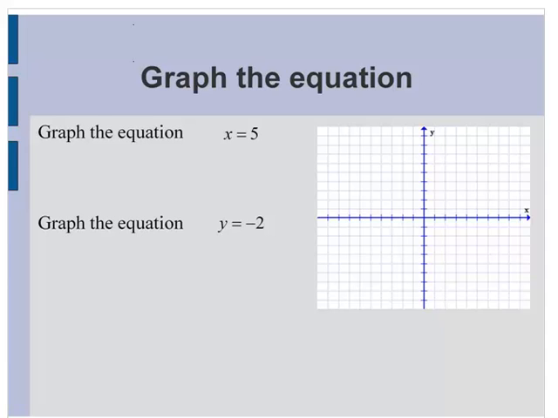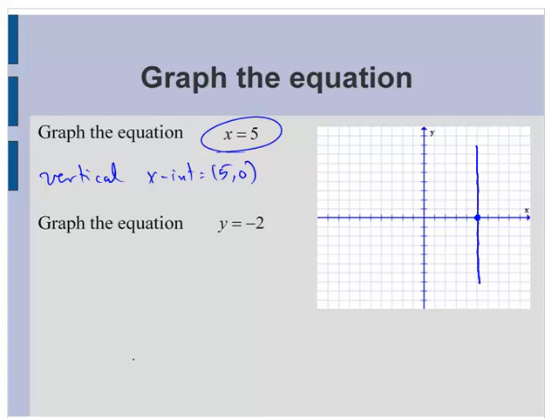All right, x equals 5. X equals 5 is a vertical line with x-intercept of 5. So plotting the point 5, 0 and drawing the vertical line through that point. And I'll go ahead and label it.